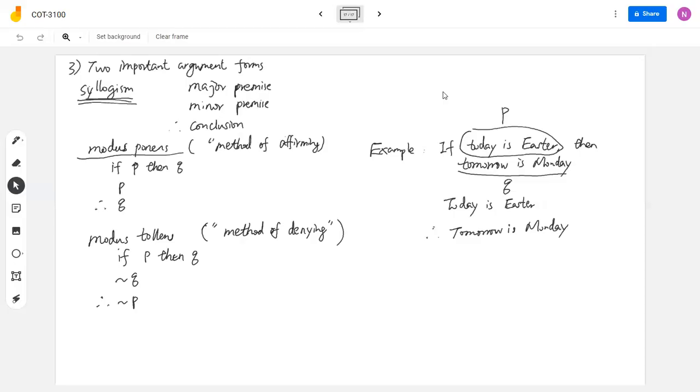So the example of Modus Tollens is we still have the first, if today is Easter, then tomorrow is Monday. And then the second one is tomorrow is not Monday.